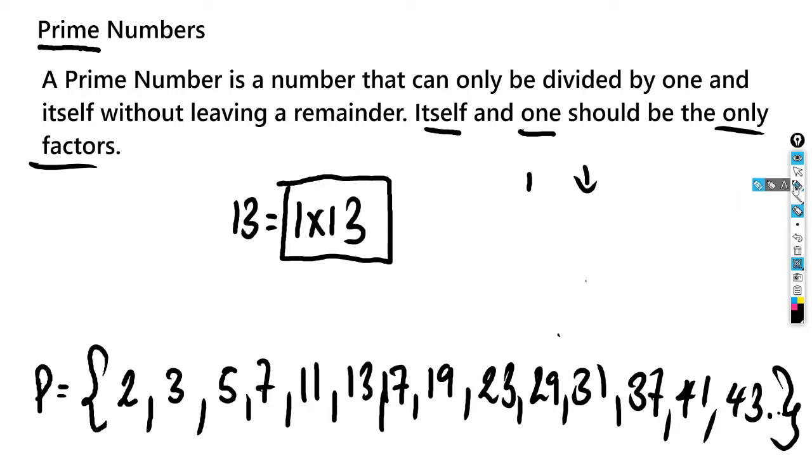Prime numbers can get really big, but for CXC you're not going to use very big prime numbers. All you have to do is go through the same videos for factors earlier and find all the factors. Take your time, and when you find all the factors, you'll eventually realize that the only two factors are 1 and itself, so you know it's a prime number.